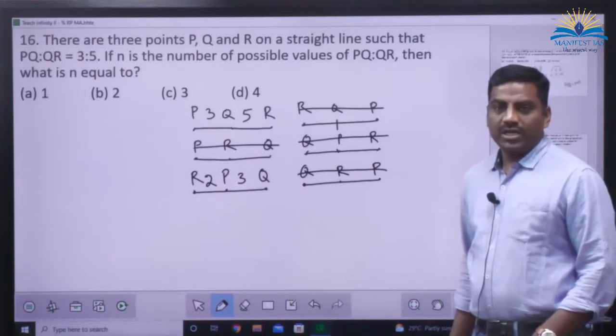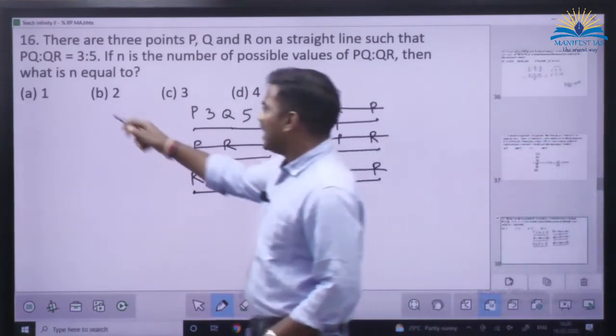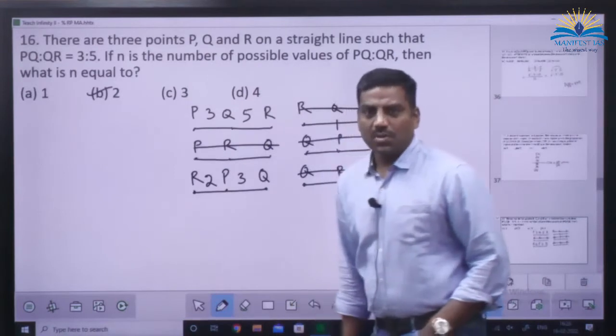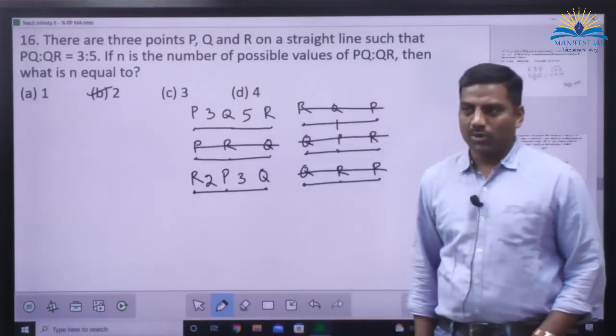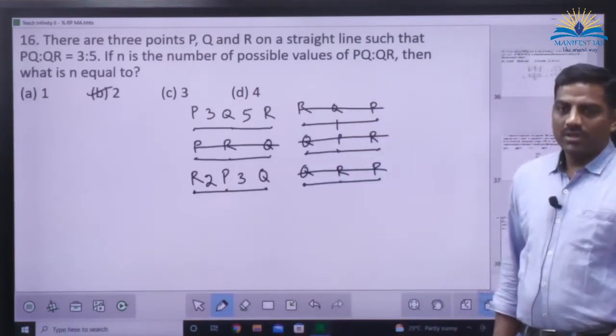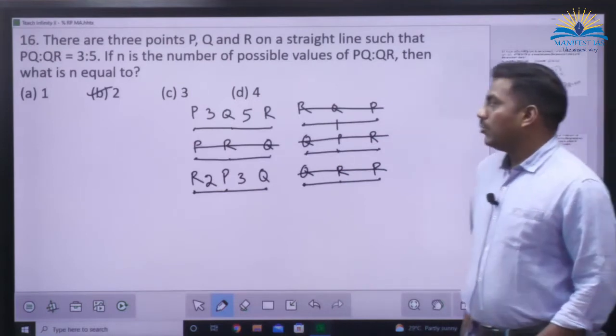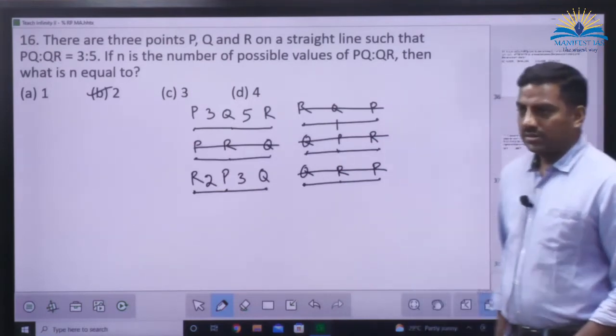We have 2 ways to do it. Yes, that is what they have asked. Purely it is not a ratio problem, it is actually a permutations and combinations problem.